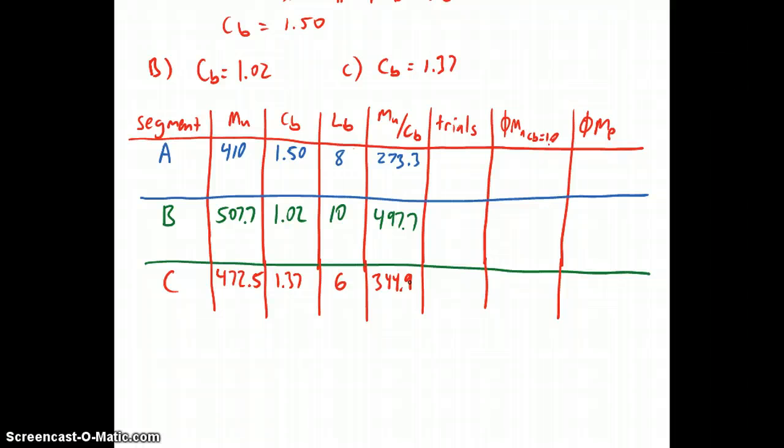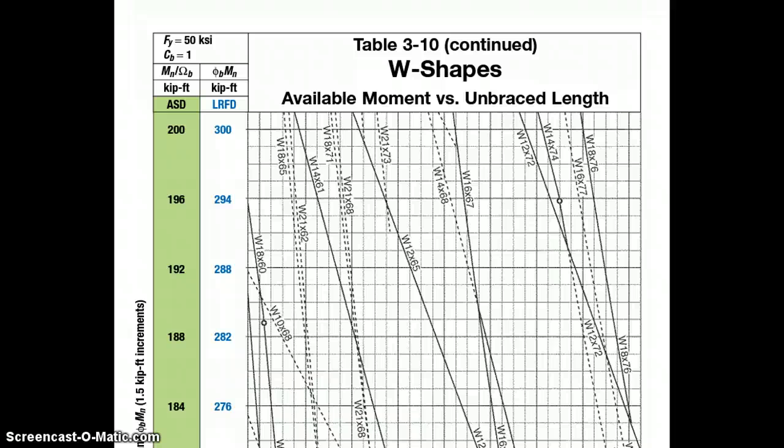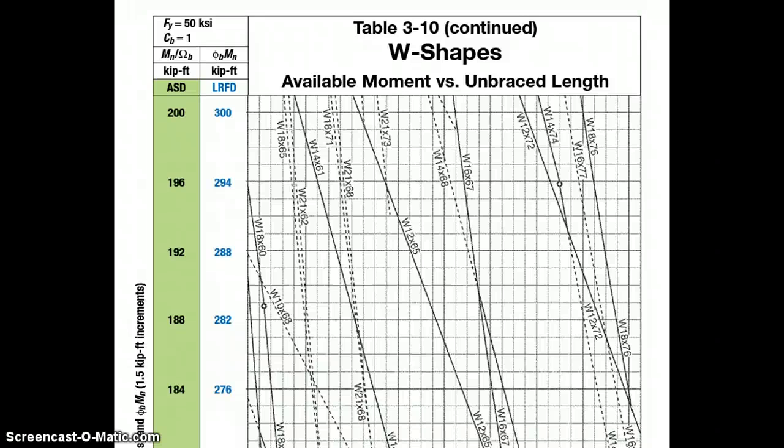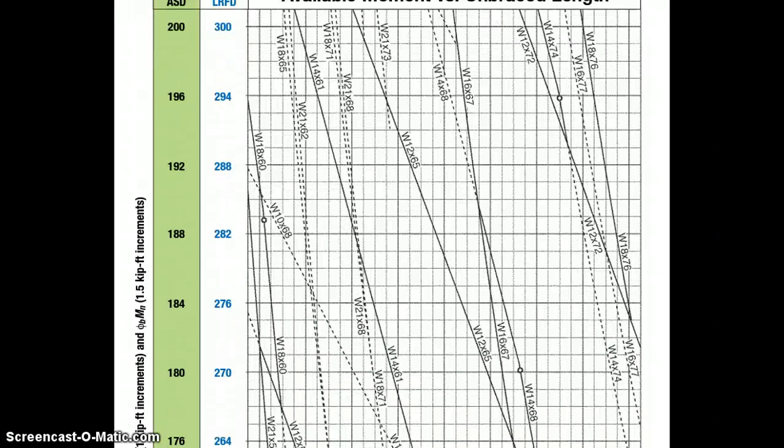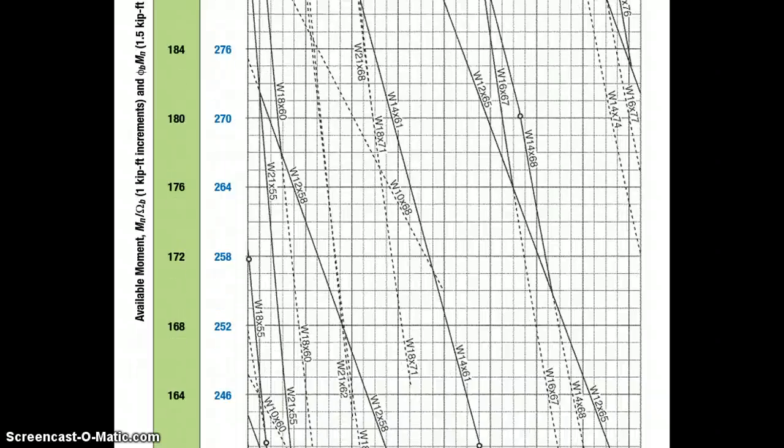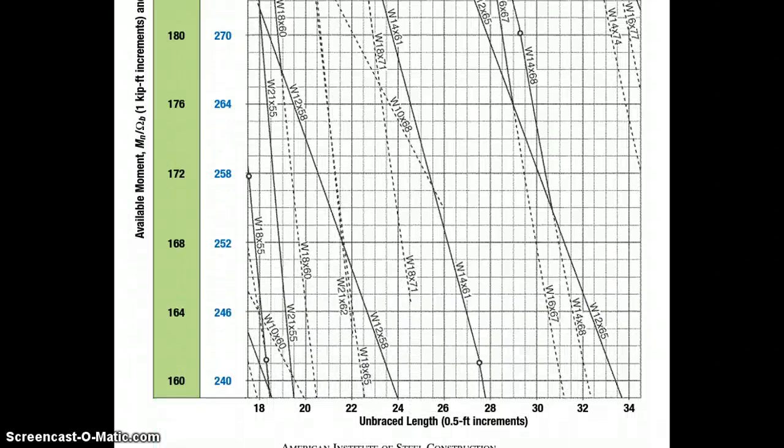And then now we need to go into table 3-10 to find some trials. So we're going to enter table 3-10 with 8 feet and 273.3 to find an appropriate trial section for segment A. This is on page 3-127. So I'm going to continue down, make sure I get my 8-foot reference point.